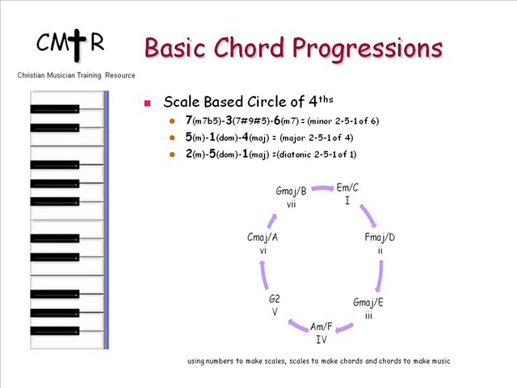In this example, I'll play through the scale-based circle of fourths chord progression. Then I will add in the 7-3-6, 5-1-4, and 2-5-1 together so that you can see how they sound when you add them all to a chord progression.